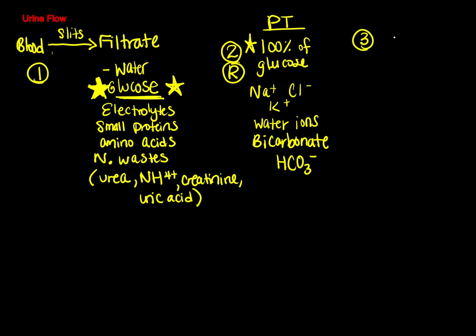But also, in the proximal tubule, we're also going to see our function number 3, secretion. And so what are we secreting? So what does secretion mean? So with filtration, we went from the glomerular capillaries to the capsular space, filtrate. So reabsorption is going from the filtrate back into the blood.